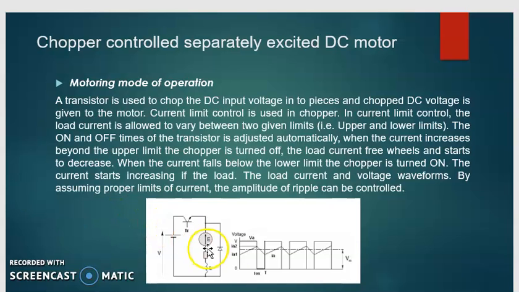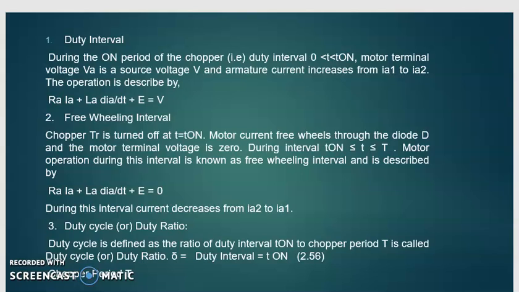The operation is described by RA IA plus LA dIA/dt plus E equals V, where RA is the armature resistance, IA is the armature current, LA is the armature inductance, E is the back EMF, and V is the voltage across the armature.